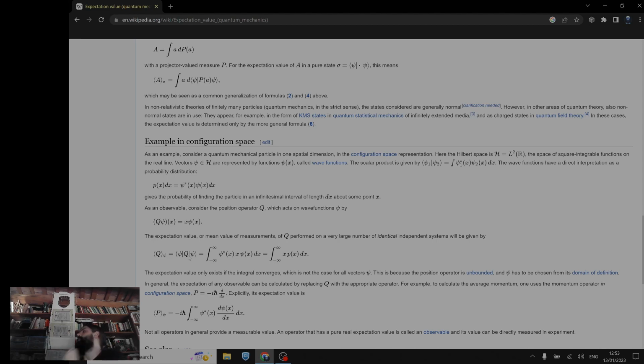It's not that you're evolving it. This is easier to understand than the Dirac one, right? Because this is the wave function. Then you have the operator. So you're applying the operator, making the measurement, and then multiplying by the transpose.